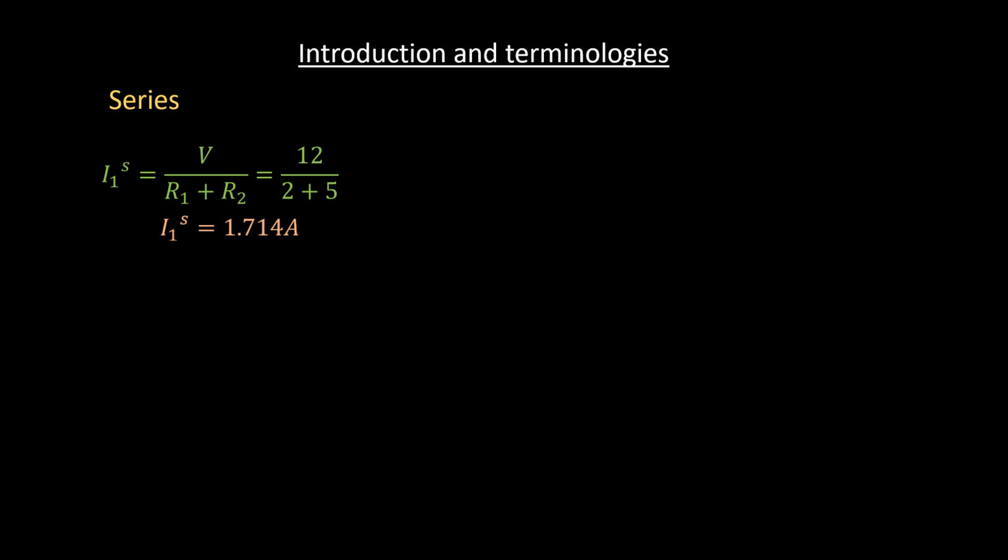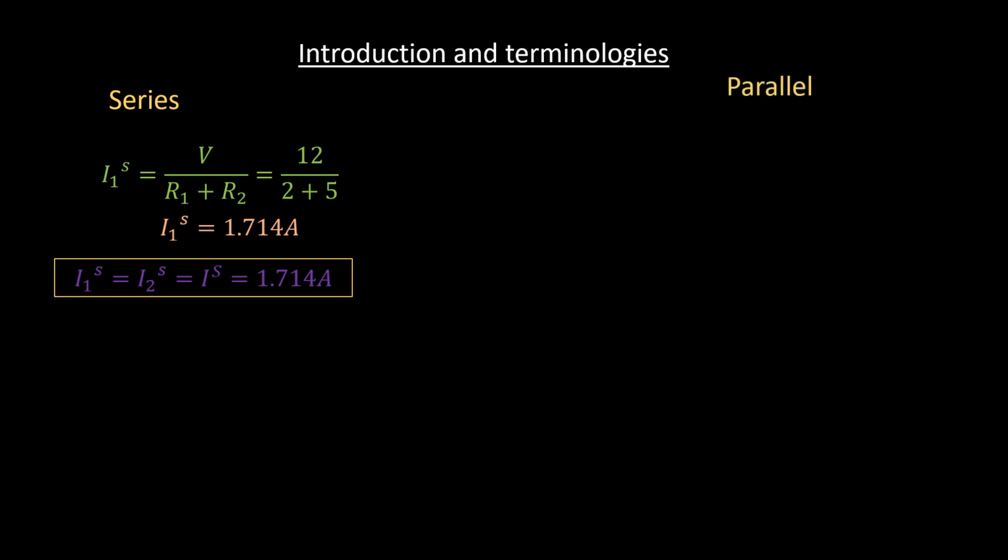This is the same current that will flow through resistor 2, and it is also equal to the total series current. For the parallel circuit, the current through resistor 1 is given by the voltage across resistor 1 divided by R1, which is 12 over 2.